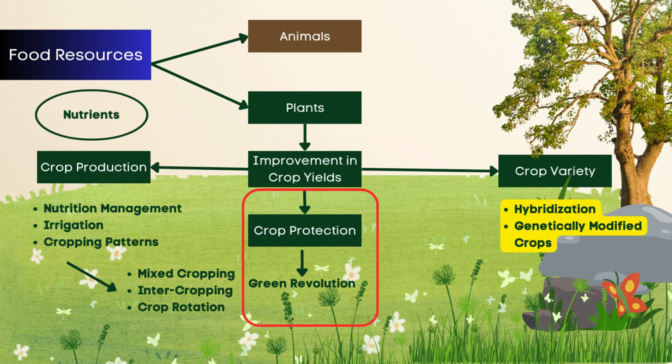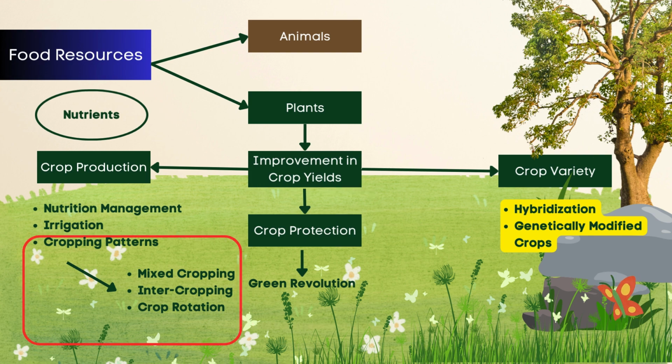Then under crop protection management, I will be explaining about the green revolution also. Especially when we talk about cropping patterns, we have mixed cropping, intercropping and crop rotation. These are the patterns we maintain when we produce the crop.